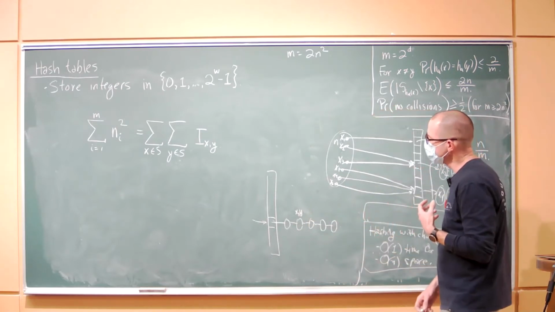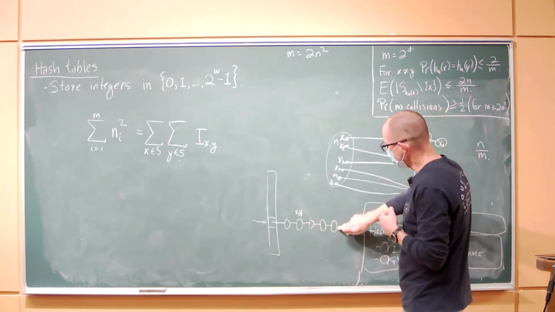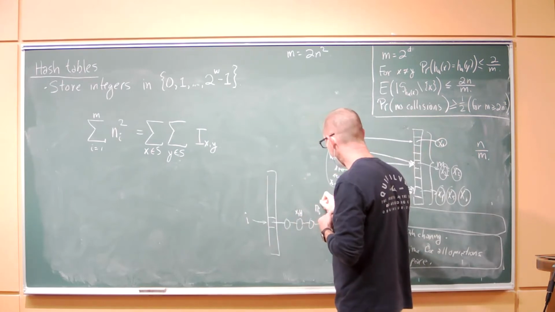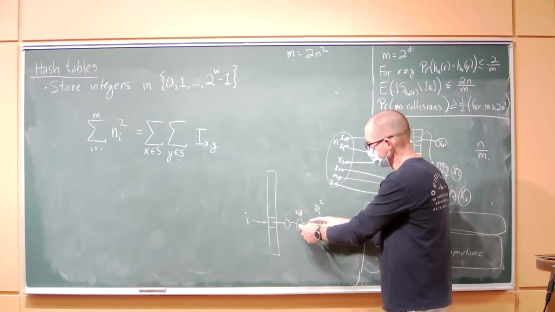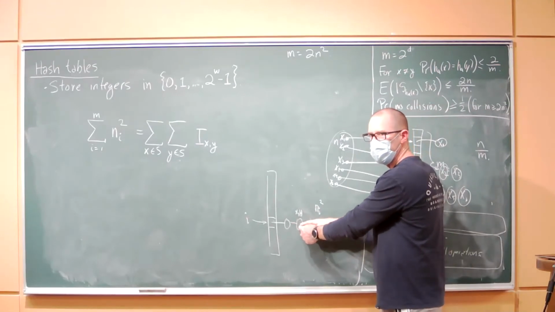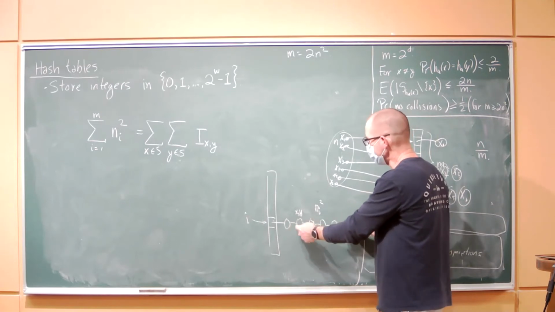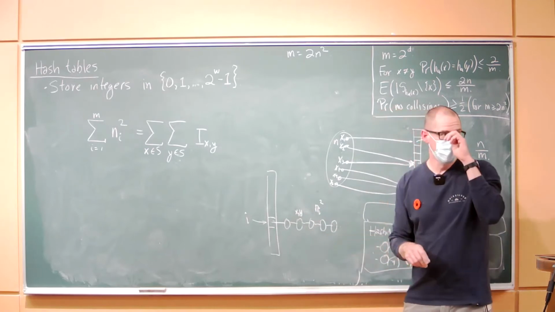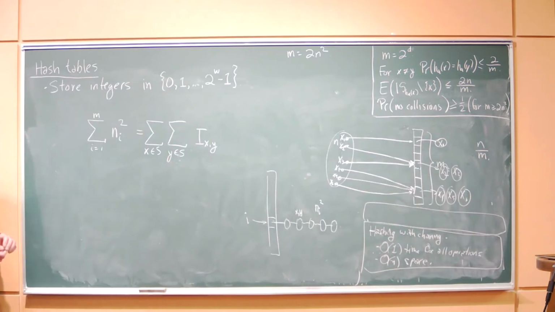The point is, in this sum, this particular table slot contributes exactly n_i squared. For every 2 elements here, including when I take the same element twice, I get a 1. And how many pairs are there in a set of size n_i? There's exactly n_i squared. So these two things are exactly the same.